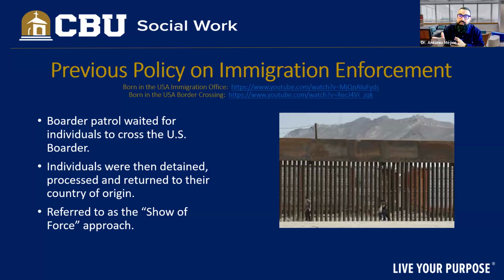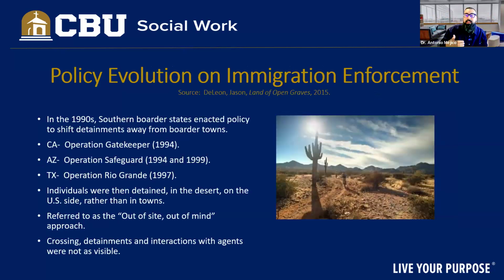Through several policy shifts over the decades, within several states and at the federal level, what we've seen is differences in how we enforce immigration policy now. So in the 1990s is when we really started to see a shift in border policy and how we implemented those policies. The southern border states in particular, like California, Arizona, and Texas, started to implement their own policies to shift detainments away from border towns and to do it earlier in the desert, okay?